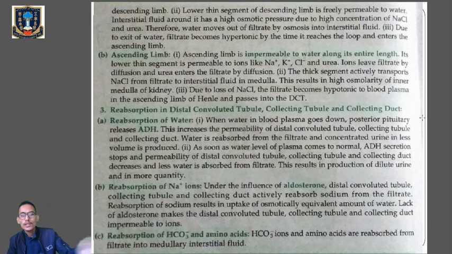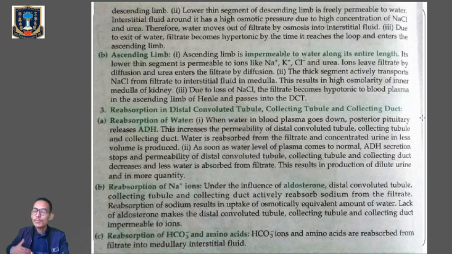Under the influence of aldosterone, the DCT, collecting tubule and collecting duct actively reabsorb sodium ions from the filtrate. Reabsorption of sodium results in the uptake of an osmotically equivalent amount of water also. Lack of aldosterone makes the DCT, collecting duct and collecting tubule impermeable to ions.